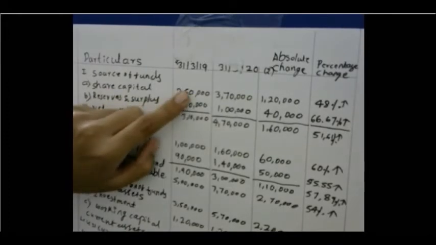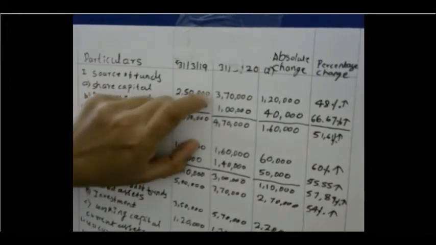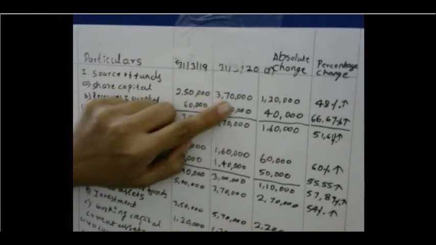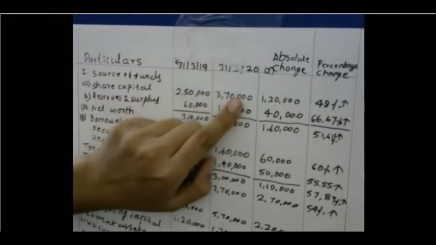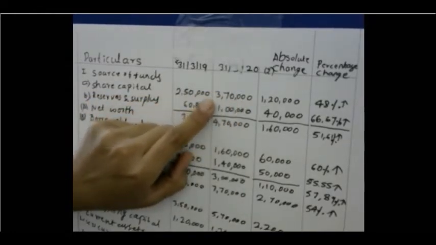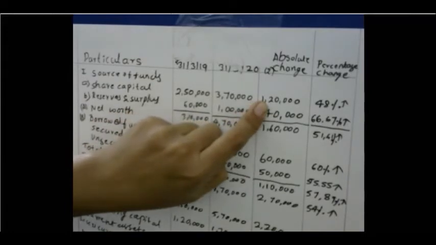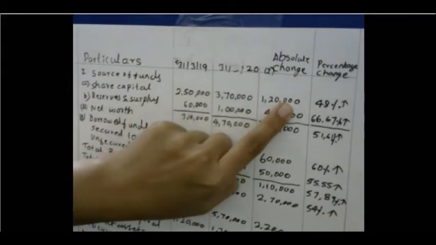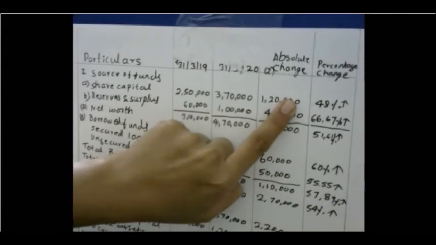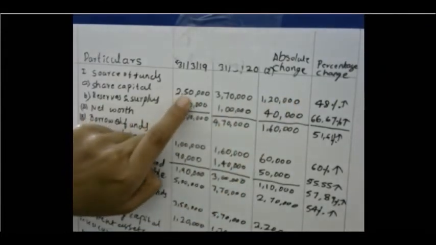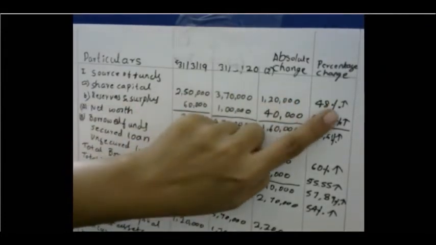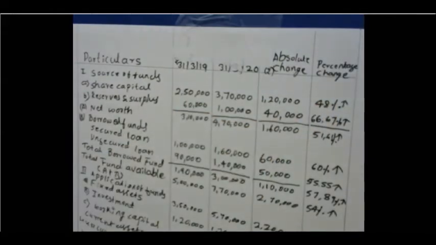The amount is 2,50,000 in the previous year and 3,70,000 rupees in the current year. 3,70,000 minus 2,50,000 equals 1,20,000 rupees, which is the absolute change. This 1,20,000 divided by 2,50,000 into 100 gives a percentage of 48%.